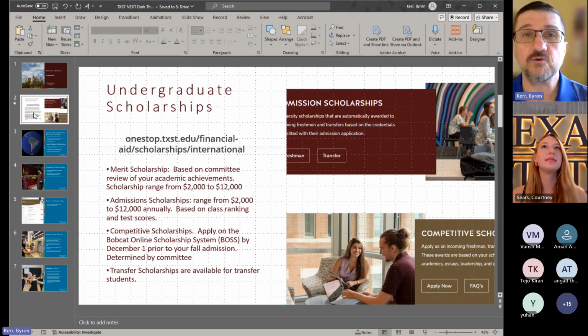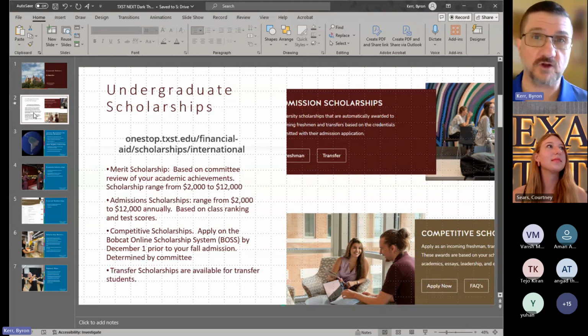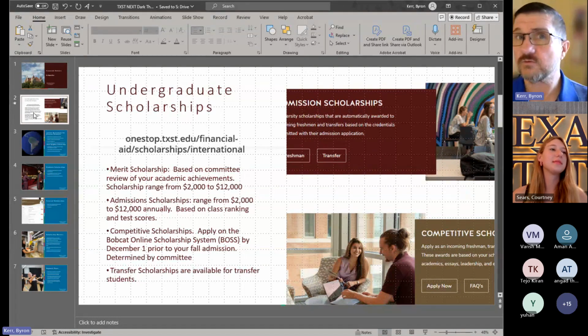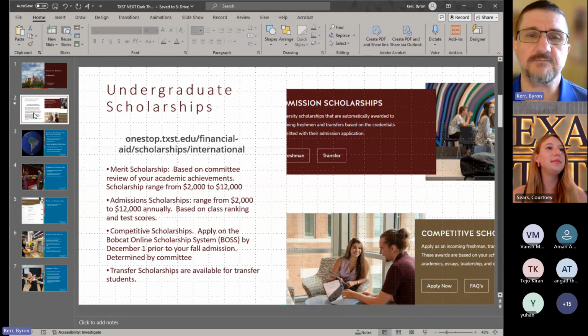So your secondary education grades would be what's important there. Your test scores might be important there. This is information that is necessary for just admissions in general. And so that's why they're called admission scholarships. They're just sort of based on that admissions data.